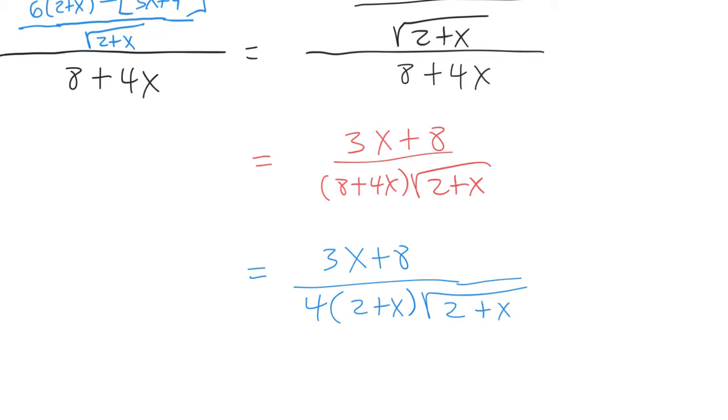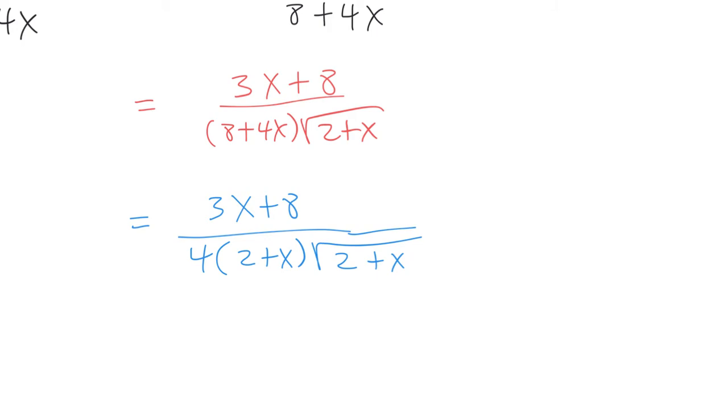Now, the denominator could also be rewritten as 4 times 2 plus x to the first power times 2 plus x to the 1/2 power. And 1 is really 2 over 2.